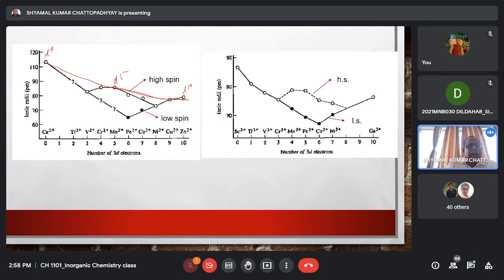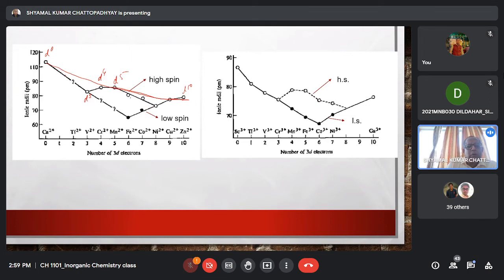As you can see here, for titanium 2, we don't have any data. This is the d3. It has the smallest size. Then when you go to d4, the CFSE decreases, and as a result metal-ligand bond distance increases. At d5, there is no CFSE, so the metal-ligand bond distance is highest.